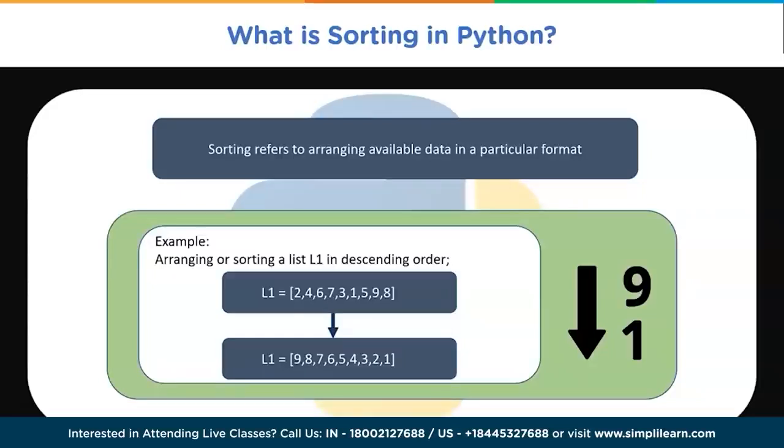If you take an example on the presentation, here you have a list L1 with random numbers which are unsorted, and then you have a sorted array in descending order, meaning highest number first and the lowest later. So generally any algorithm you implement for sorting provides you an organized sorted list either in descending or ascending order.